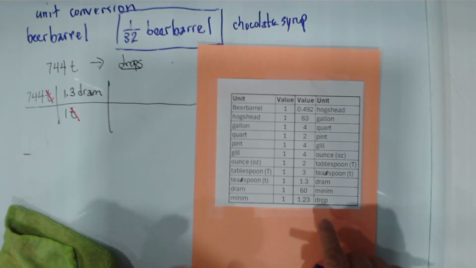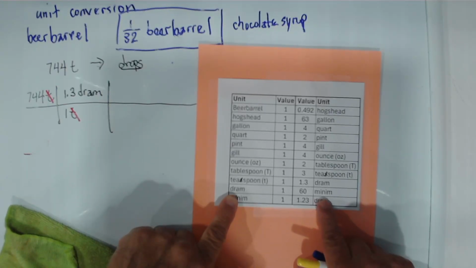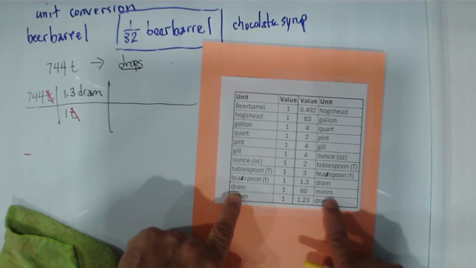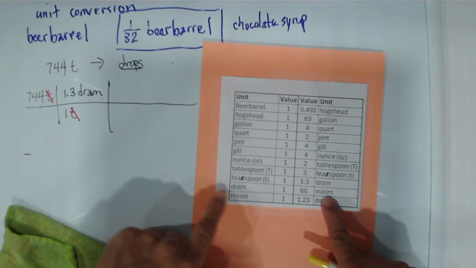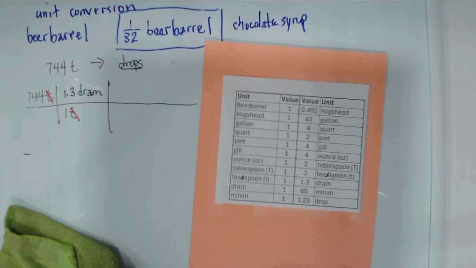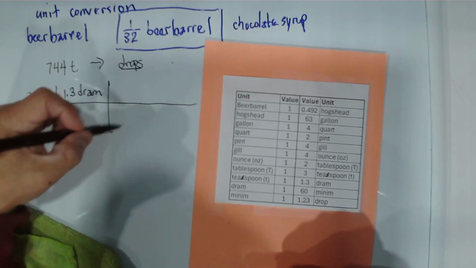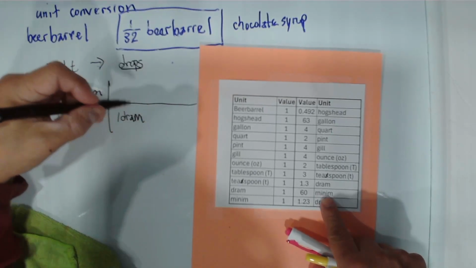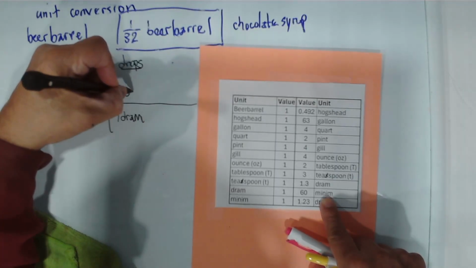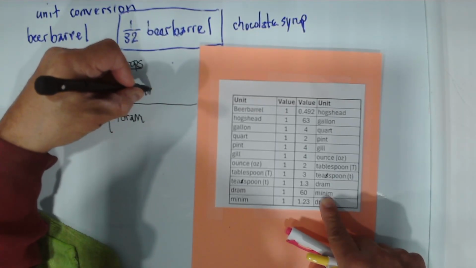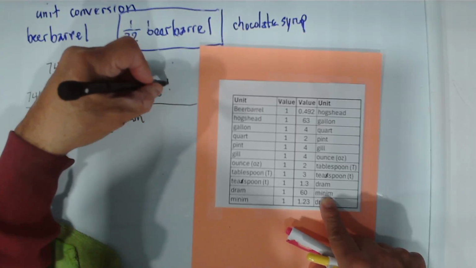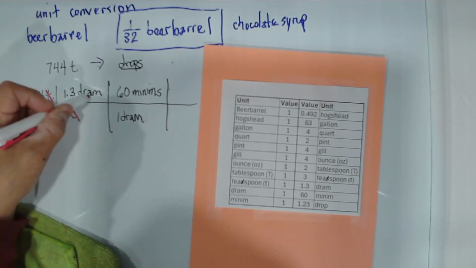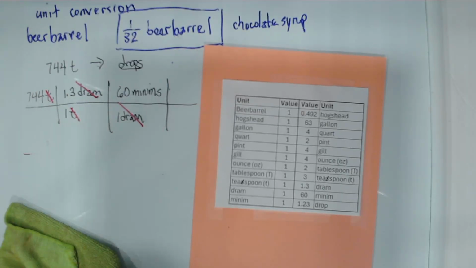Now we can go from grams to minim, and then from minim to drops. Next step is to go from grams to minims. We want to cancel out grams. So 1 gram is 60 minims. Okay, good. Look, we got grams to cancel out.